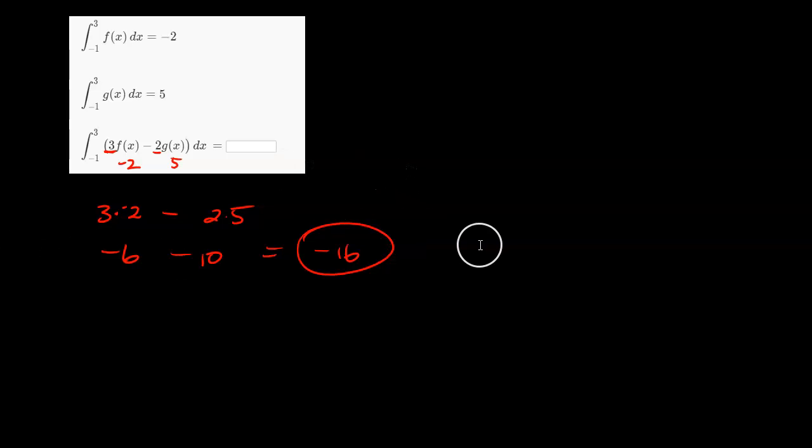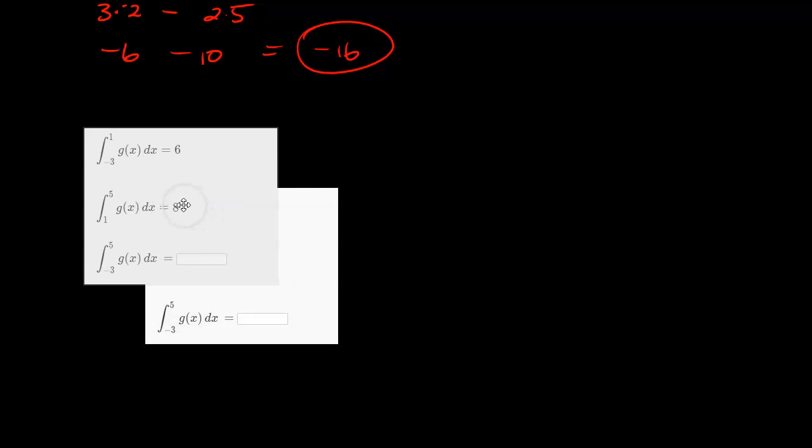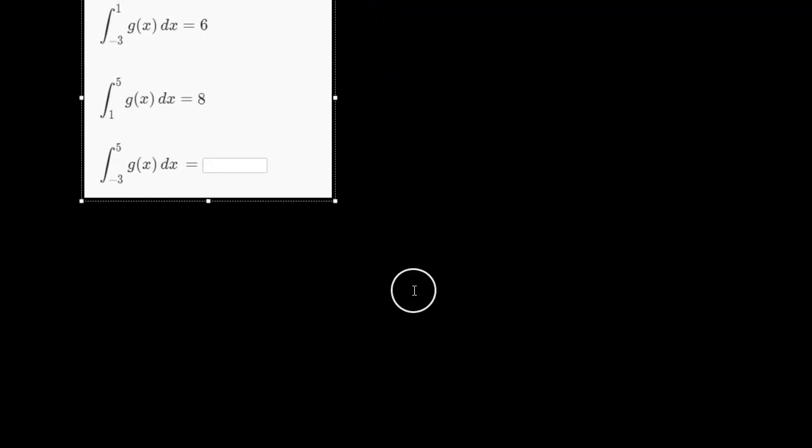Once you're used to the properties, and once they don't make you anxious or stressed out, a lot of times you can just use them by looking directly at them.